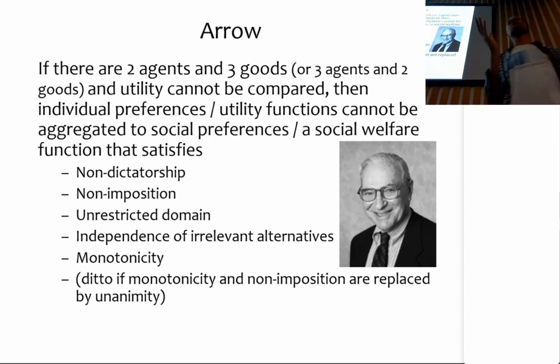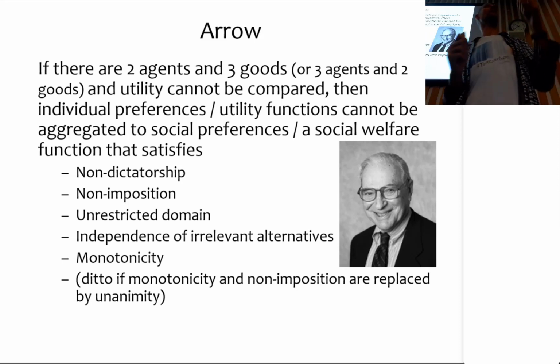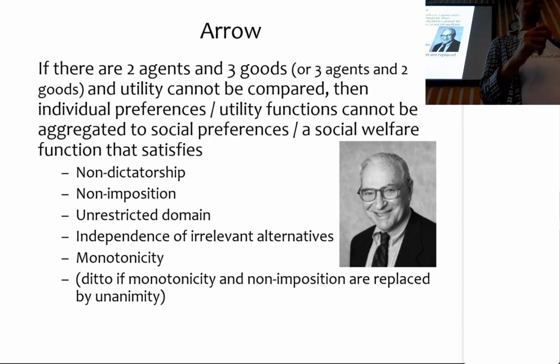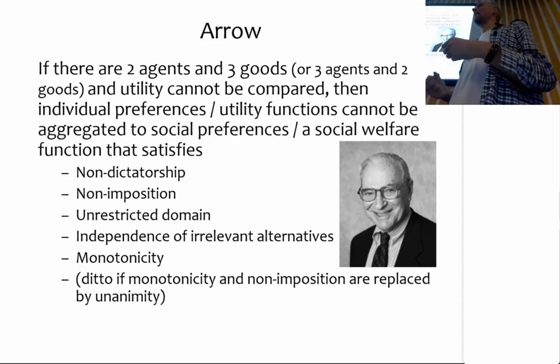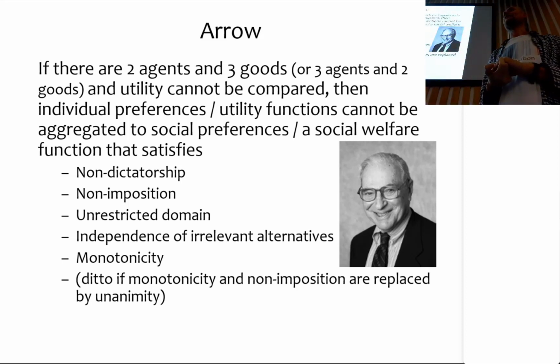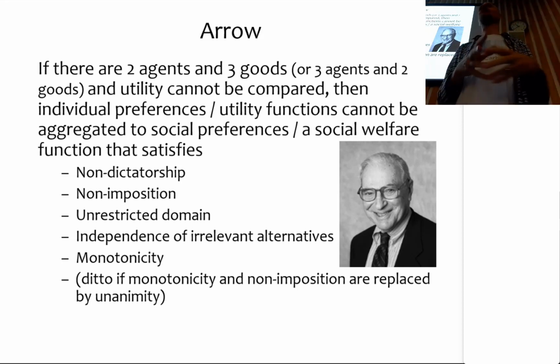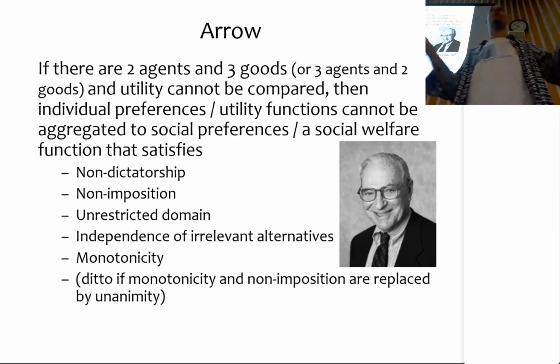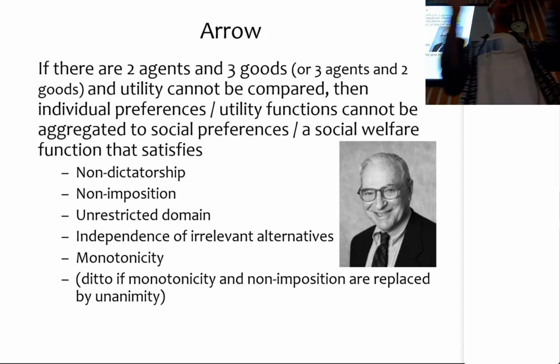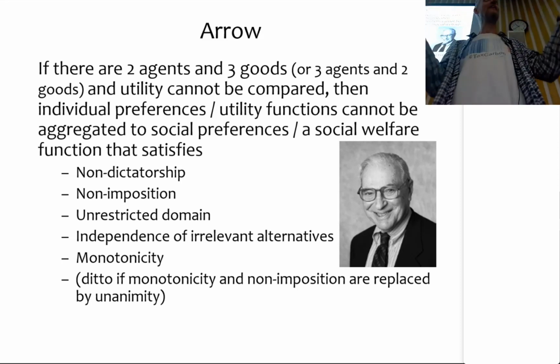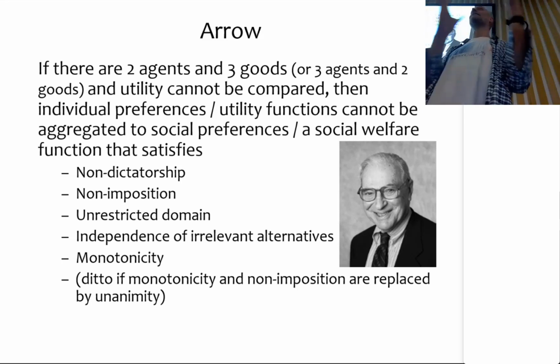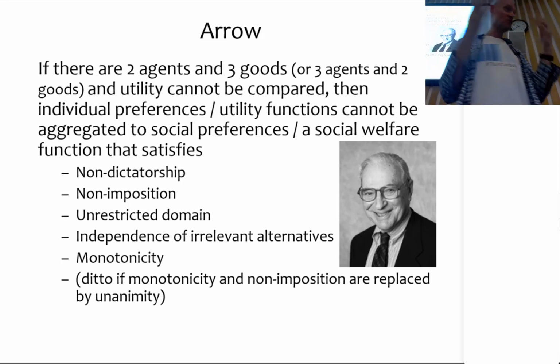Independence of irrelevant alternatives. It's also a good one to have. If you prefer watching a football match over watching a rugby match, then it should not matter to you whether there's Wimbledon, whether there's tennis on or not. You should still prefer football over rugby, right? That is independent of the question whether tennis exists. It's a good criterion to have as well.